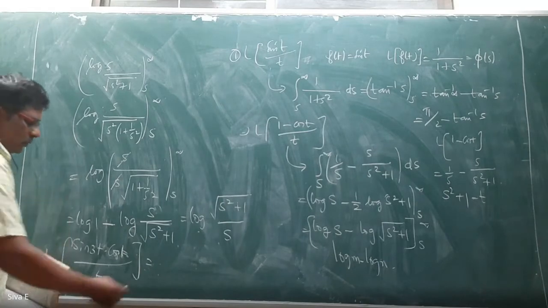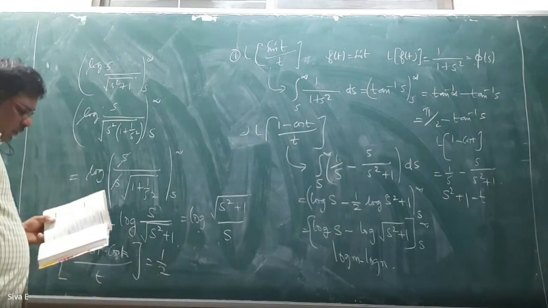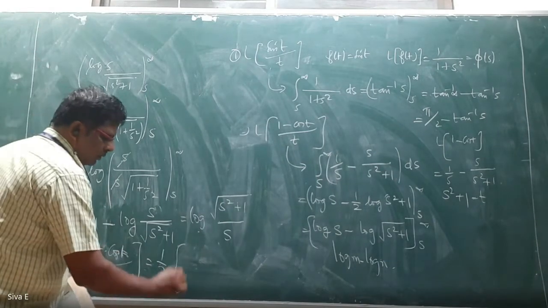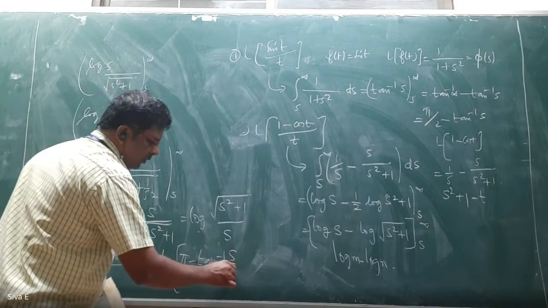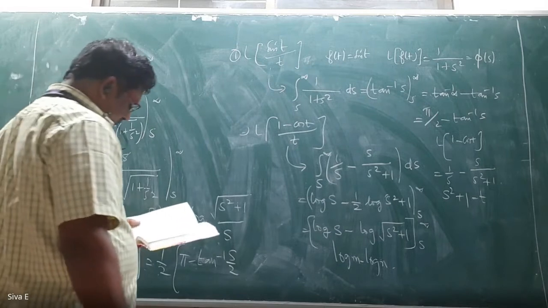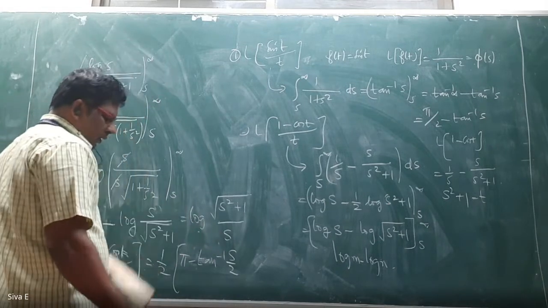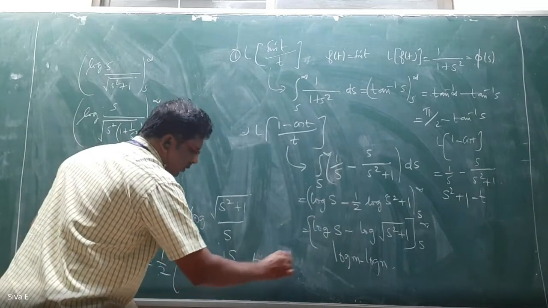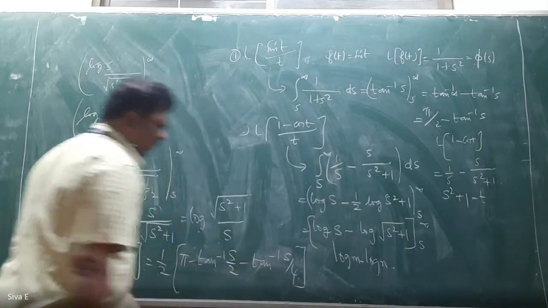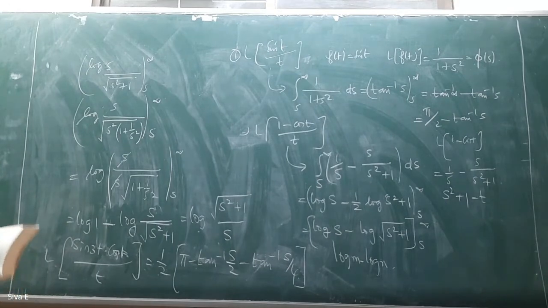That is equal to 1 by 2 into pi minus tan inverse of s by 2 minus tan inverse of s by 4. That is the answer.